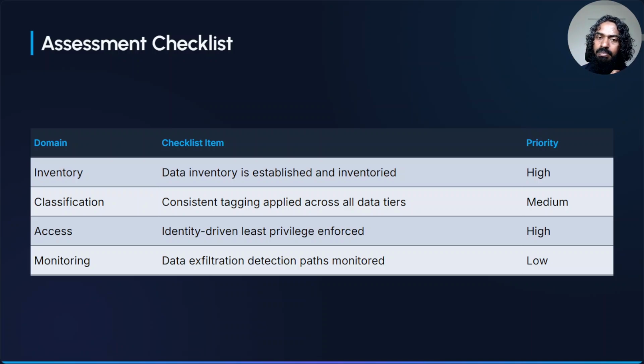Is access controlled properly? And are protection mechanisms applied? Then, is data movement completely visible? Is monitoring centralized? If any of this looks weak, that's actually your risk zone, right? So as an architect, we need to focus on all this.